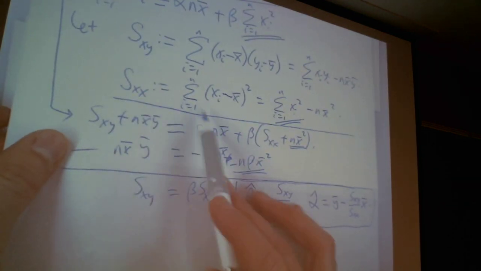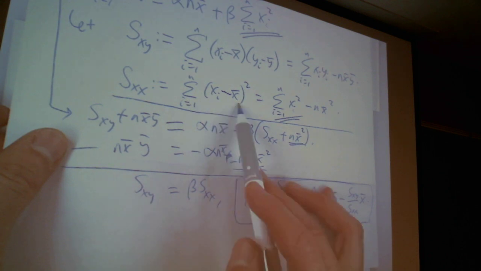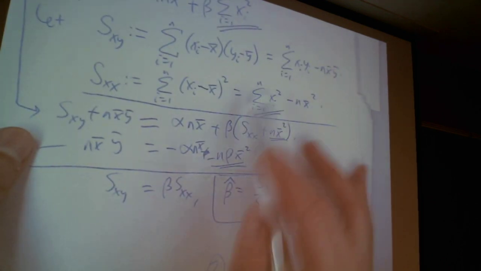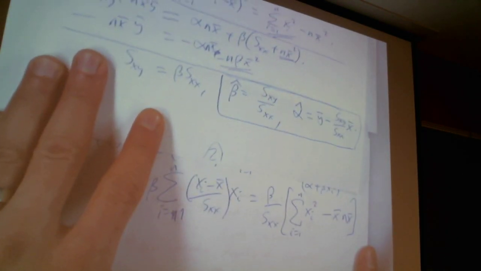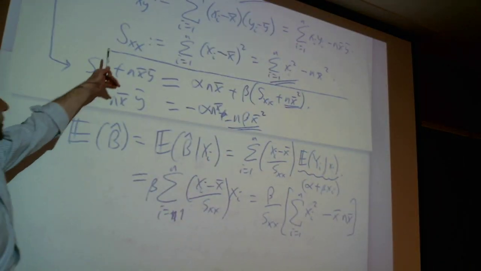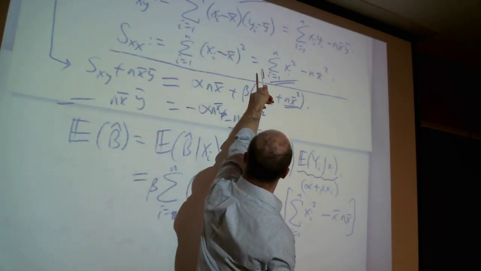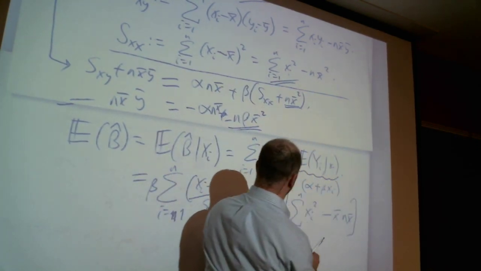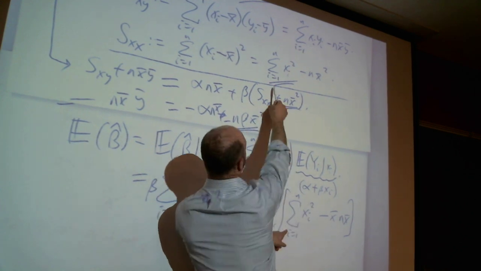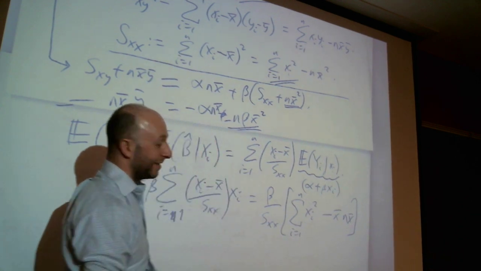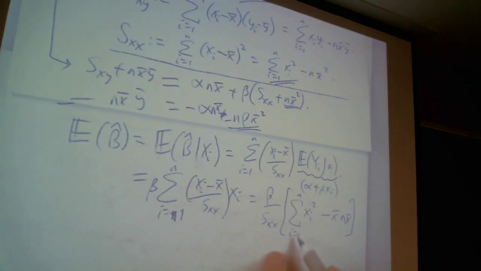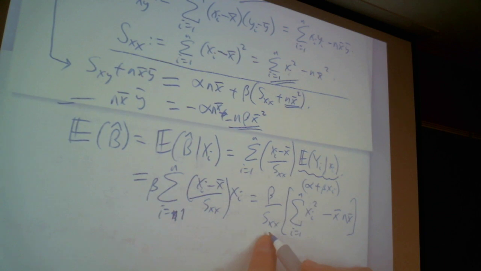SXX, initially defined as a sum of xi minus x bar squared, is the sum of the squares of the xi minus n times x bar squared, which is exactly what we're seeing. This is the definition. An easy calculation gave us this, and that's exactly what we're seeing here. Sum of the xi squared minus n x bar squared. So that's SXX, and this is SXX in the denominator.